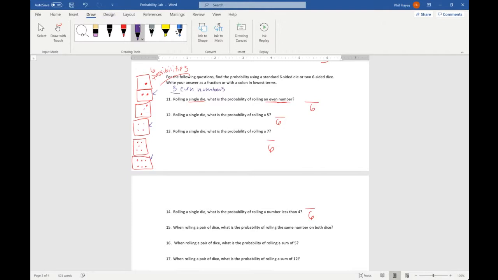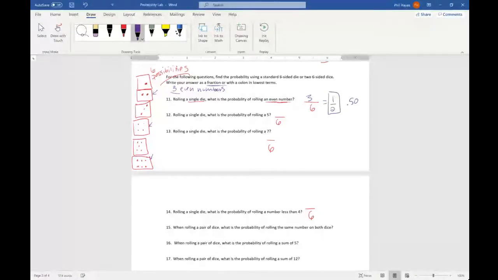So I'll do 3 over 6. And then if I can reduce this fraction, I want to. So my answer as a reduced fraction would be 1/2. You could say 0.50 if you wanted to, but you can answer with a fraction. Okay, that's fine.